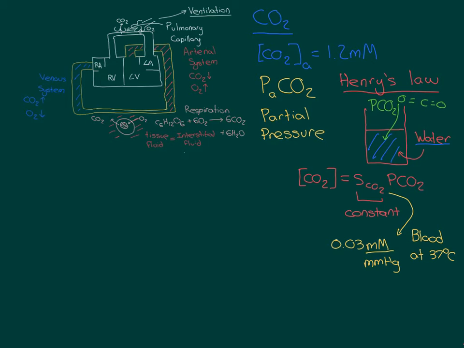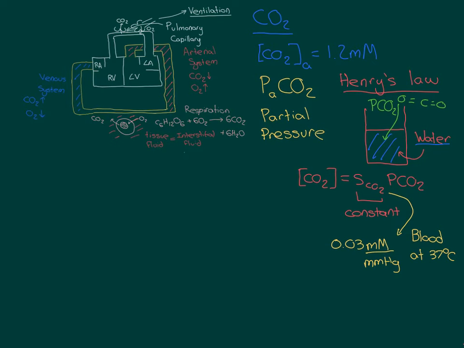So we can now work out what the arterial partial pressure of carbon dioxide is, because we know that the arterial concentration of carbon dioxide is 1.2 millimolar, so we can put that in there. We know that this solubility of carbon dioxide at 37 degrees Celsius in the blood is 0.03 millimolar, so we can now work out what the partial pressure of CO2 we'd have had to expose the blood to in order to get that concentration of carbon dioxide dissolved in the blood.